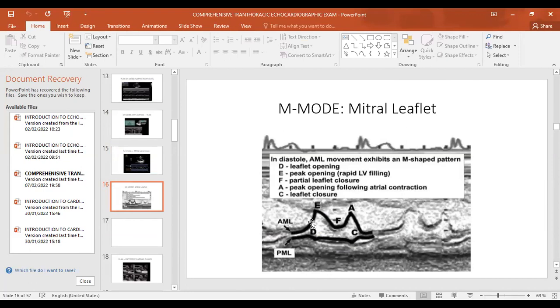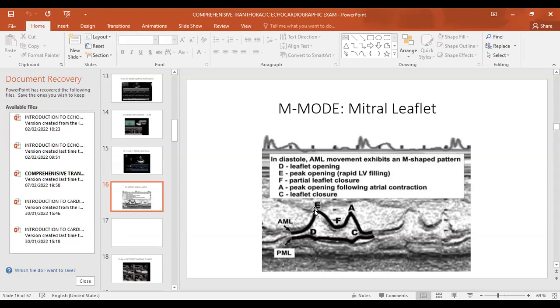And as it opens, the second phase comes in, the rapid filling, or the E wave, or the early filling. It reaches the peak of early filling. 75% of blood at this point will move from the left atrium into the left ventricle. At this point, this is the peak.